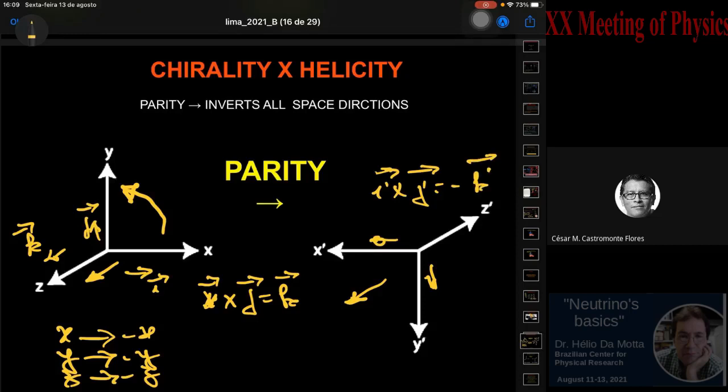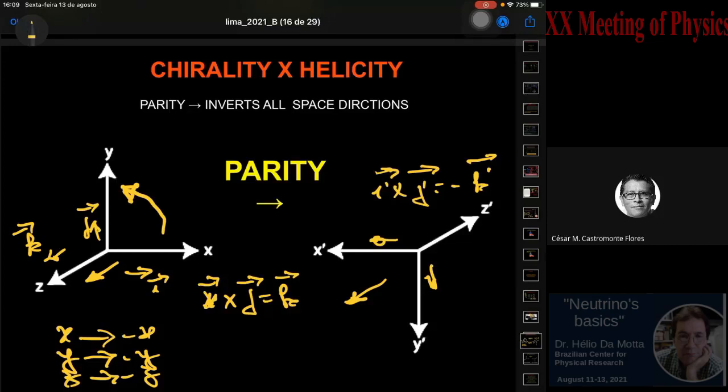It's the other way around. So the system on the right is not a right-hand system, it's a left-hand system. So by just changing x to minus x, y to minus y, and z to minus z, I go from a right-hand system to a left-hand system. And that's what I can do to see a left-hand or a right-hand electron or neutrino.